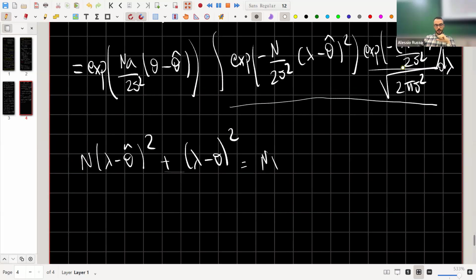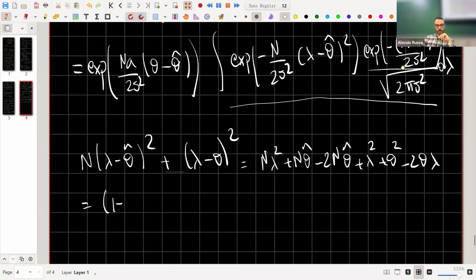So here we have n lambda squared plus n theta hat squared minus 2n theta hat lambda plus lambda squared plus theta squared minus 2 theta lambda. So we cannot simplify the lambdas because we have them both. So we get 1 plus n lambda squared.